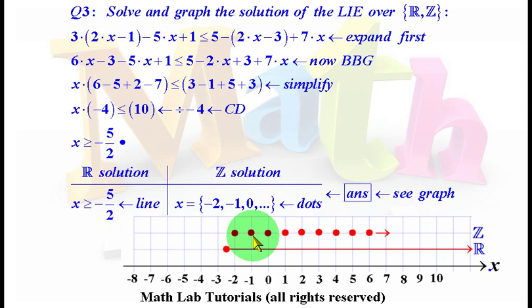So we proceed dot, dot, dot, dot, dot, etc., all the way to positive infinity over the integers. Whereas for the reals, we started off at negative 2.5 inclusive and proceeded over to the right over all possible real numbers. And that's why it's a solid line.